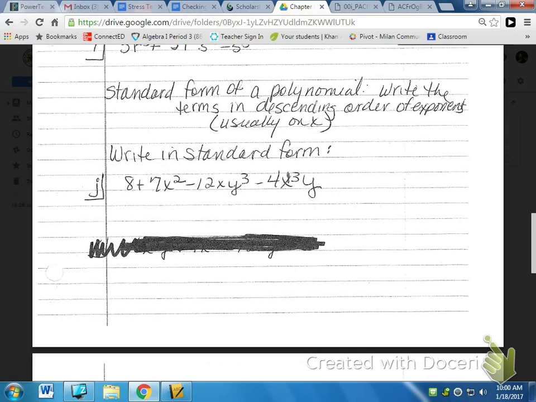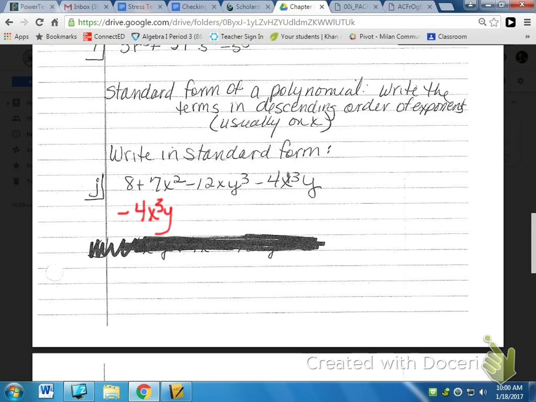So usually on this, they're going to give you several terms. So you look through for your x. What's the highest exponent on any of my x's, Jared? 3. So you would start this as, and be careful, negative 4x cubed y. Remember, the sign just before the term is attached to it forever and always. That's a negative 4x cubed y.